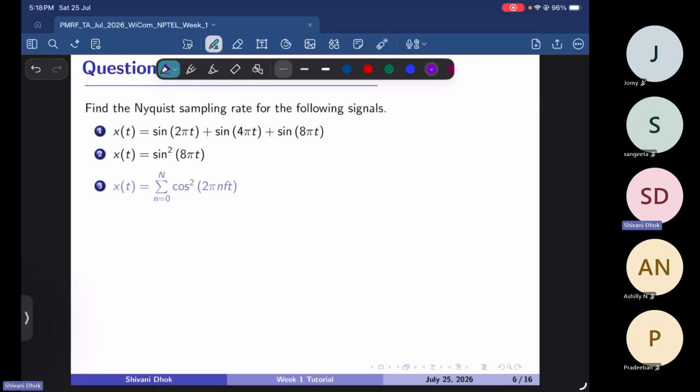The signal now given to us here is x of t equal to summation n running from 0 to N of cos square 2 pi nft. To simplify this, we can use the identity cos square theta is 1 plus cos 2 theta by 2.